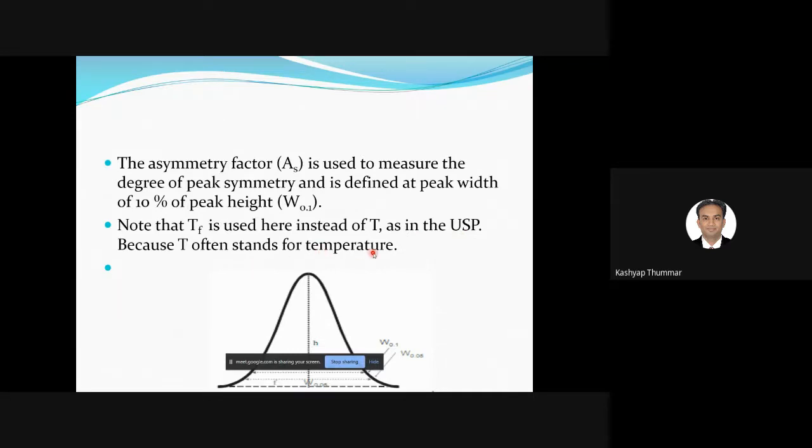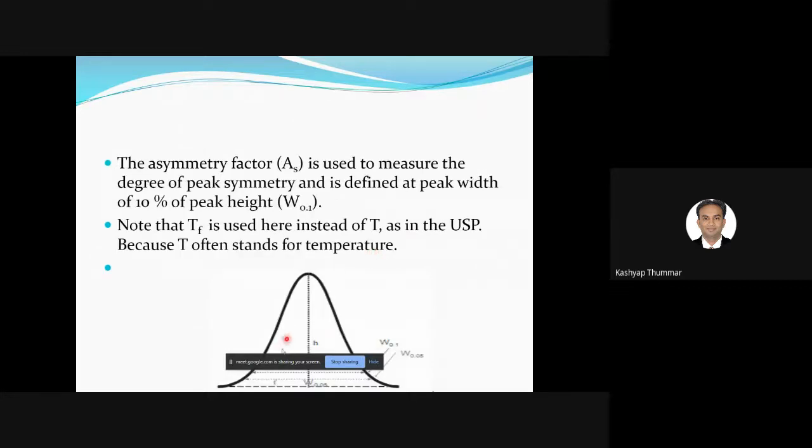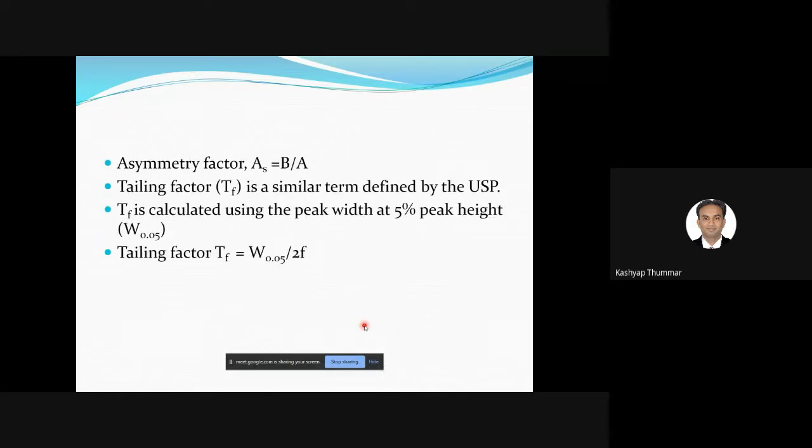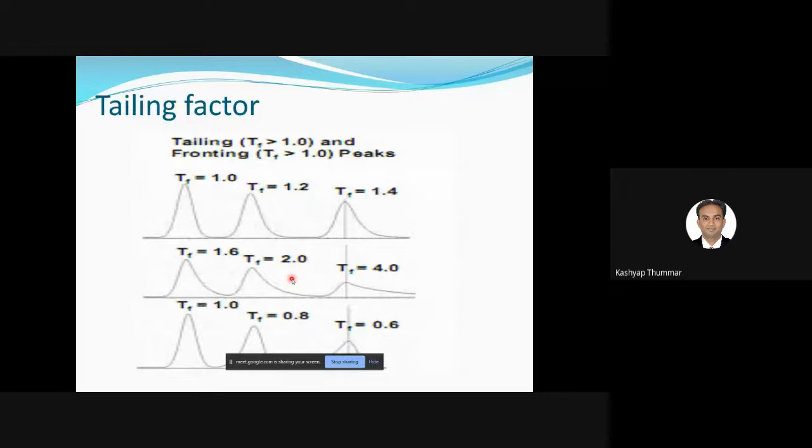So in USP, the tailing factor is denoted as TF. For the asymmetry factor, if this part is A and this part is B, then the asymmetry factor is B upon A or A upon B. Tailing factor is a similar term defined by the USP, and the equation of tailing factor is also the same: peak width at 0.05 divided by 2F. So from the equations you will get the basic idea.